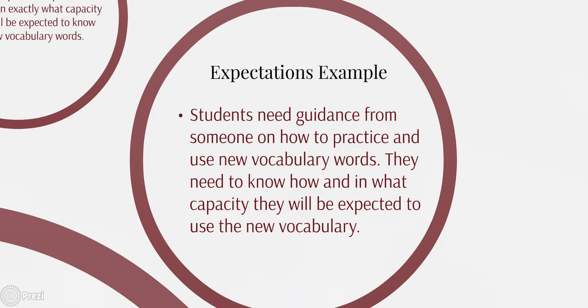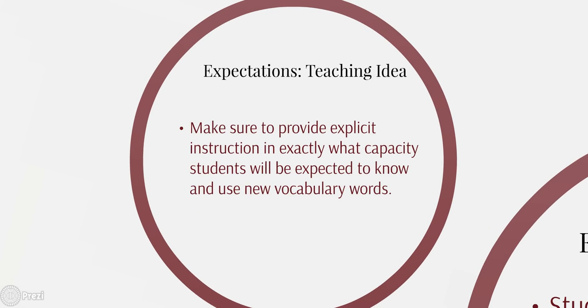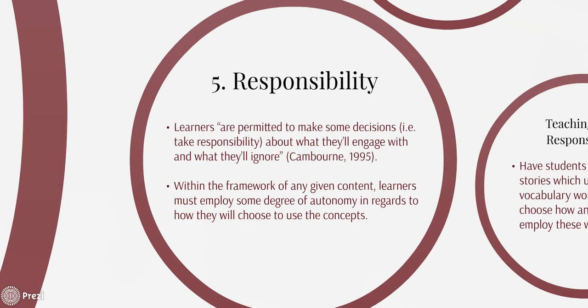That's that real life application component too. So we want students to understand how they're going to be expected, not only from us but from others in our lives, how they're going to be expected to know something. So once again, just provide explicit instruction in exactly what you want students to do with the vocabulary words. If they're filling out a Freyer model, show them how, tell them what to do.